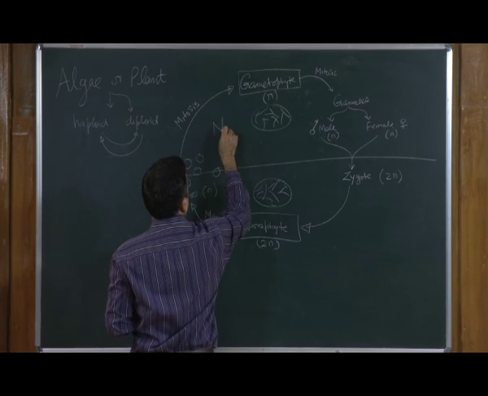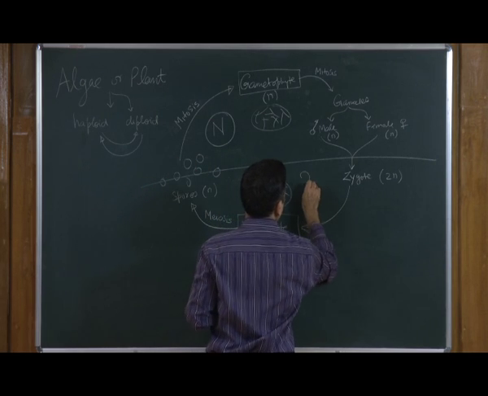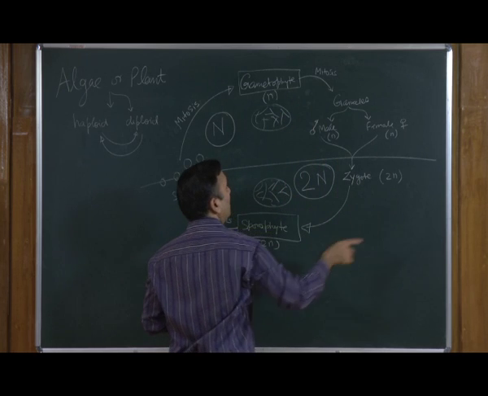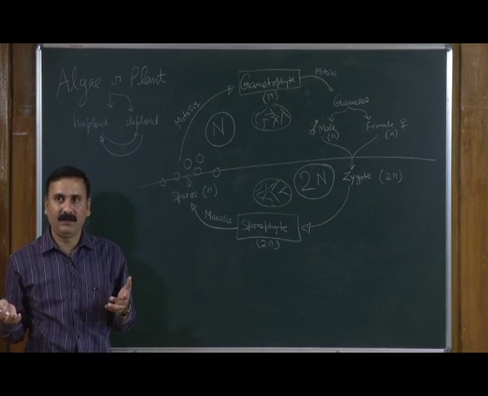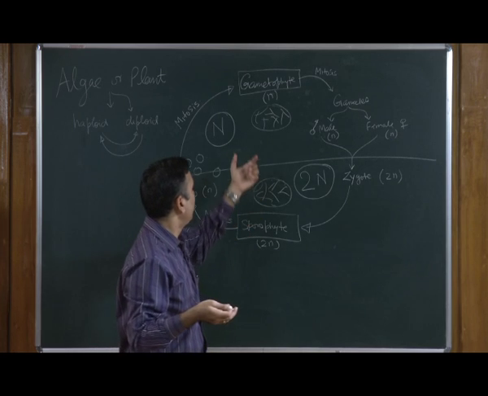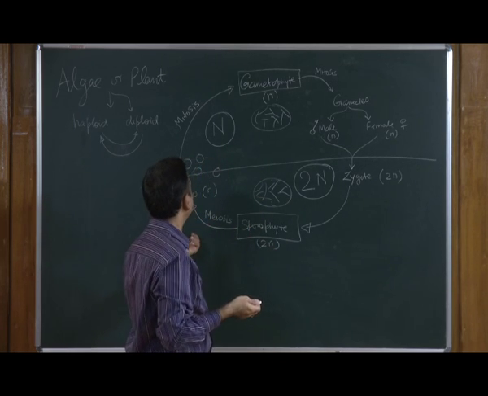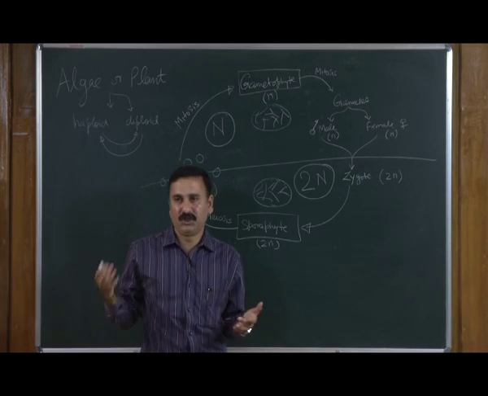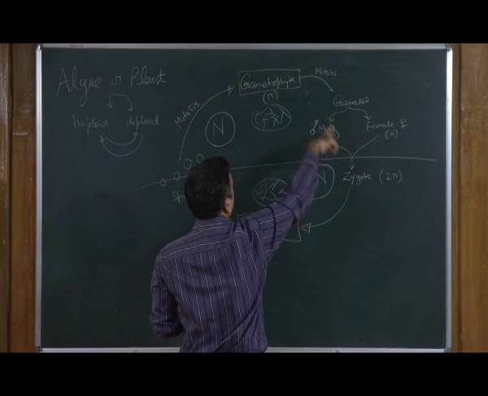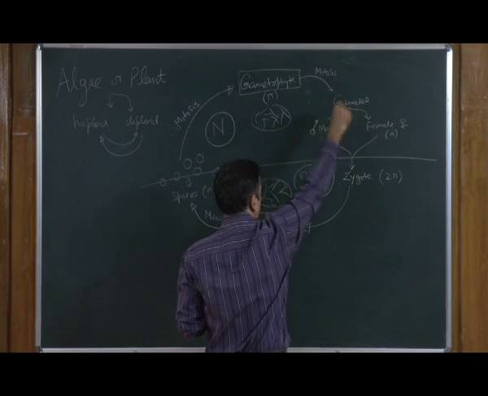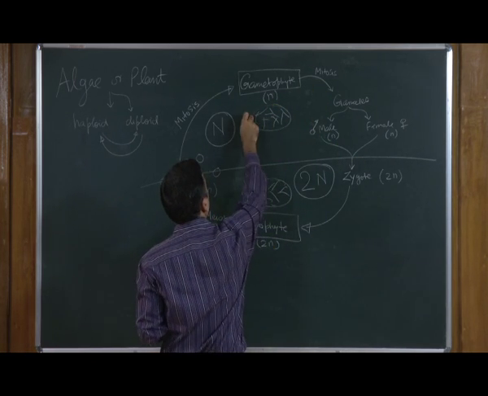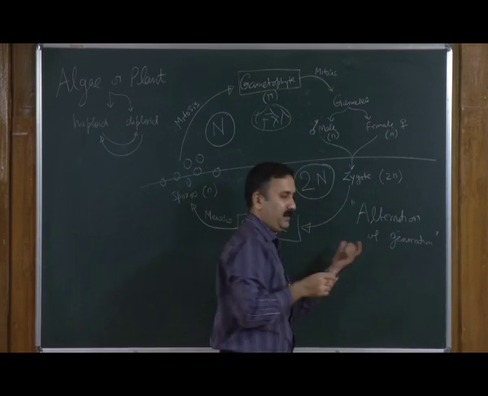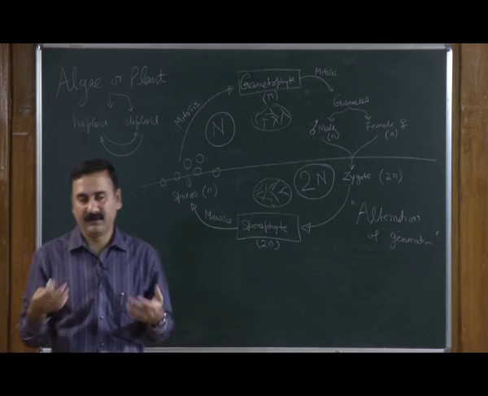This is the n stage and this is the 2n stage, and the gametophyte will never be able to form the gametophyte on its own. They have to form the sporophyte, and then the sporophyte has to form the gametophyte, and that is why there is an alternation of generations. This cyclic event, where a haploid forms a diploid and then the diploid forms a haploid, is known as the alternation of generations, and this is very common in all the plants and fungi.